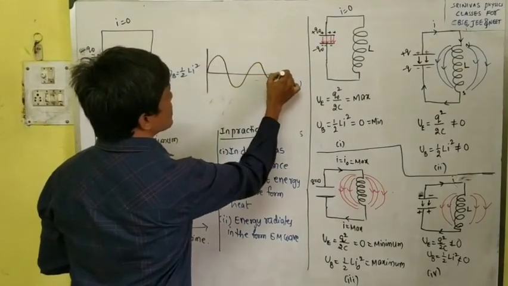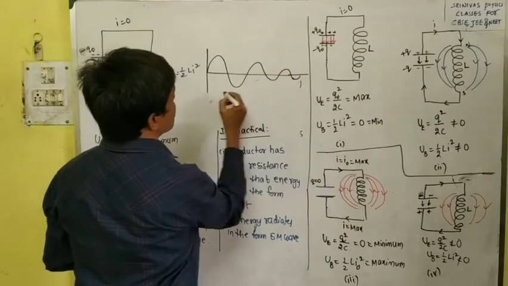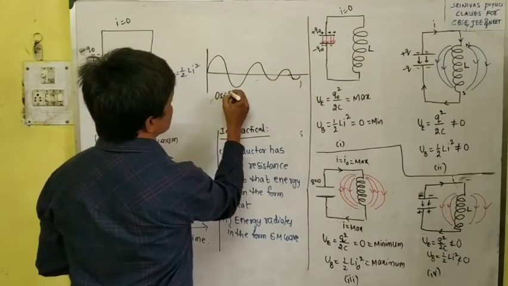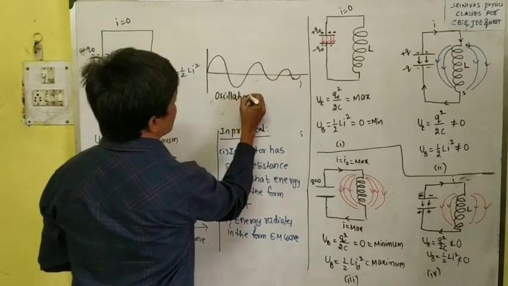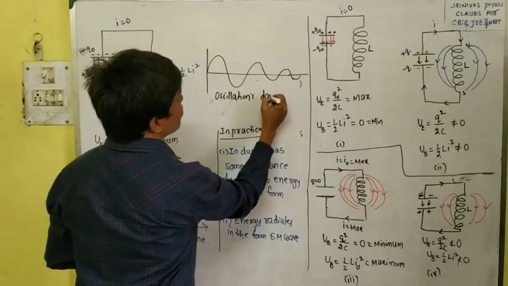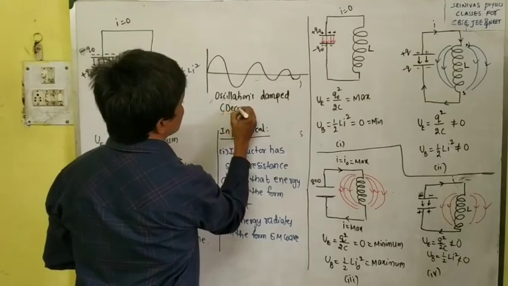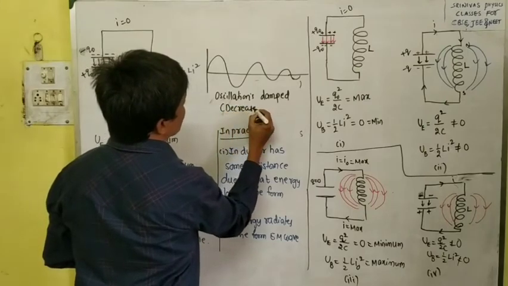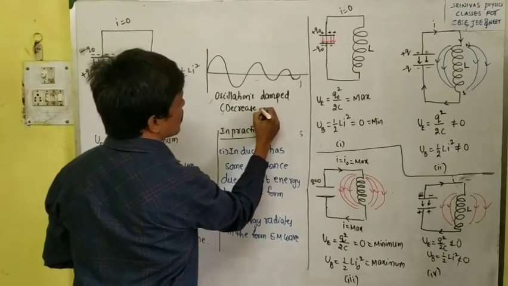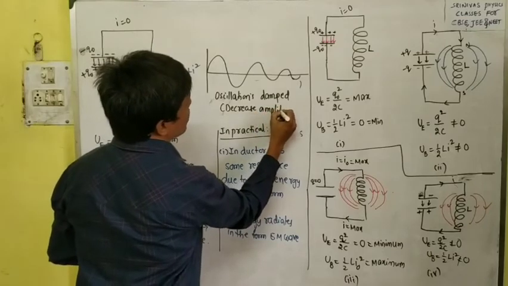Like this, oscillations will be damped out. Oscillations damped means their amplitude decreases, or they die out. Why?